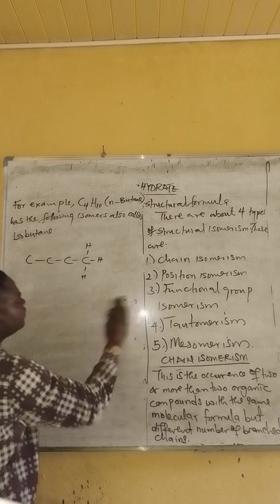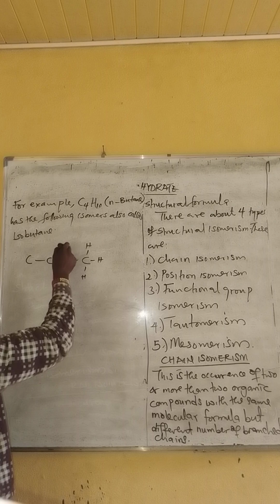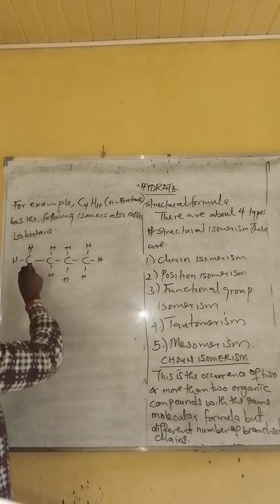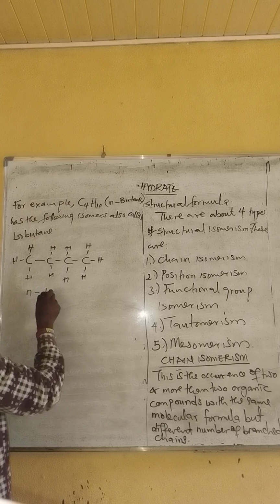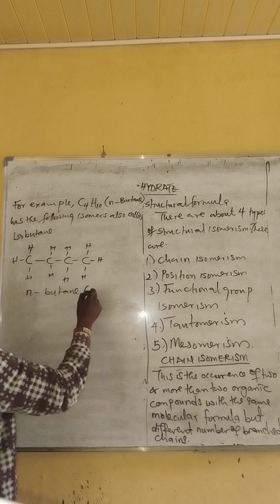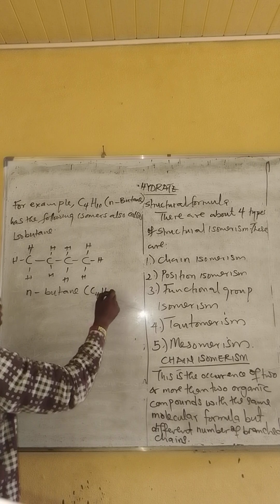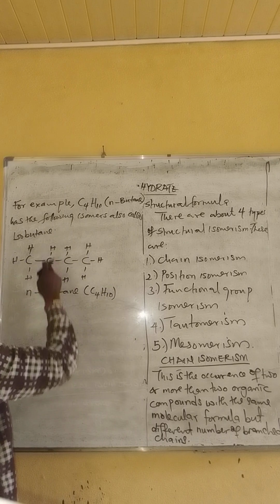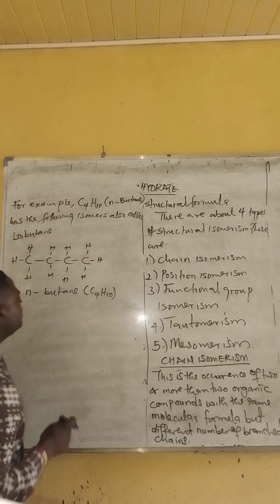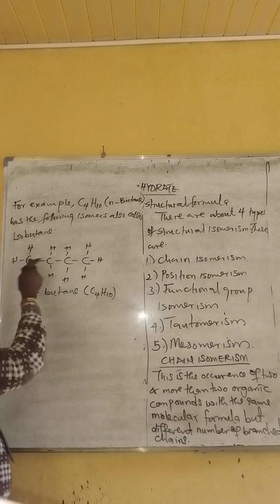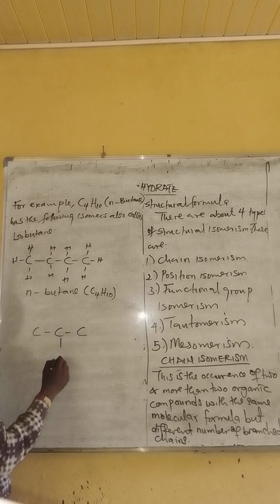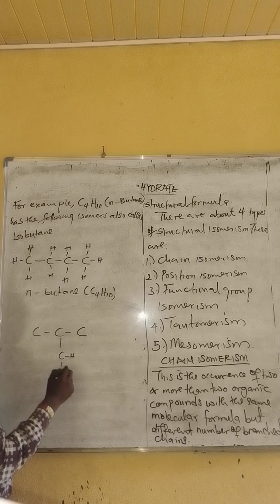This is n-butane, and the formula is C4H10: C4, and H10, 1 to 10. Now, we can reduce the number of carbons to 3, 1, 2, 3, and bring the fourth one as a branch. So we have CH3 here.